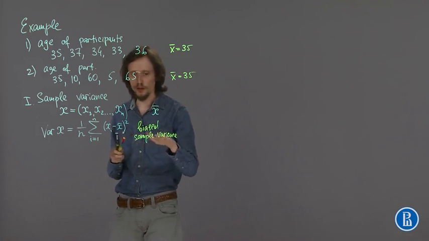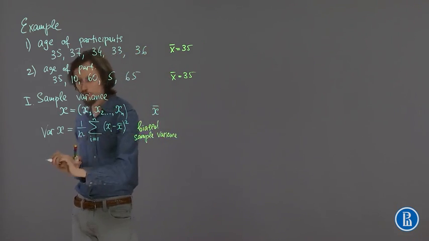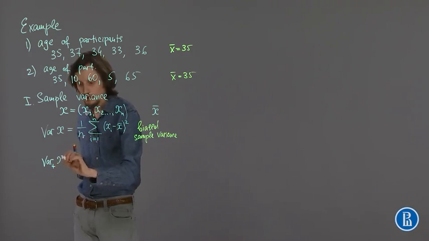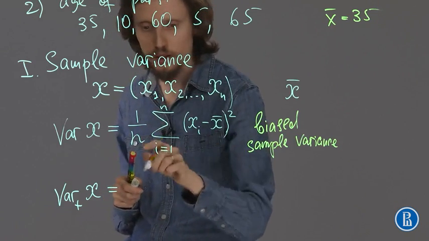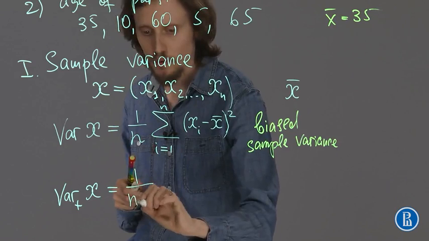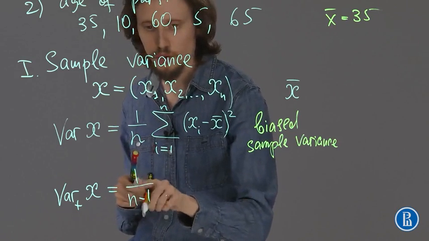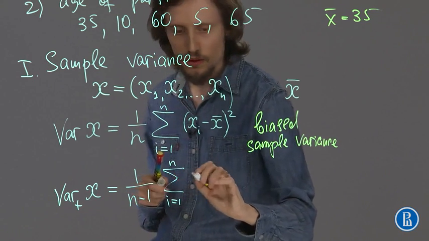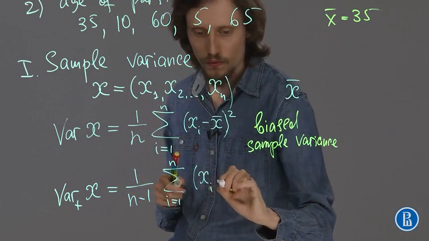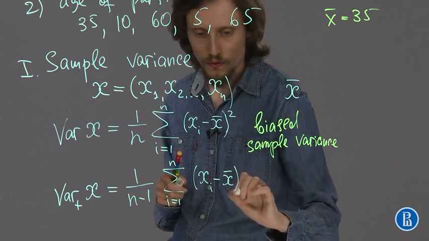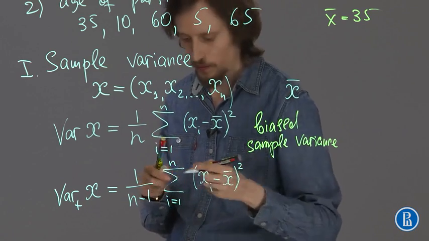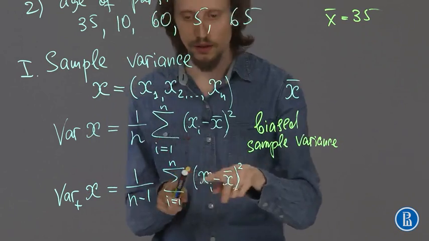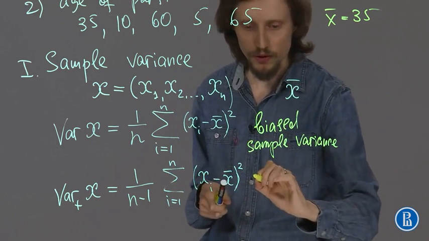And to make it unbiased, I have to consider another definition. Let me denote it by var plus x, and it is the same formula as here, but I will have n minus 1 here. This is called unbiased sample variance.